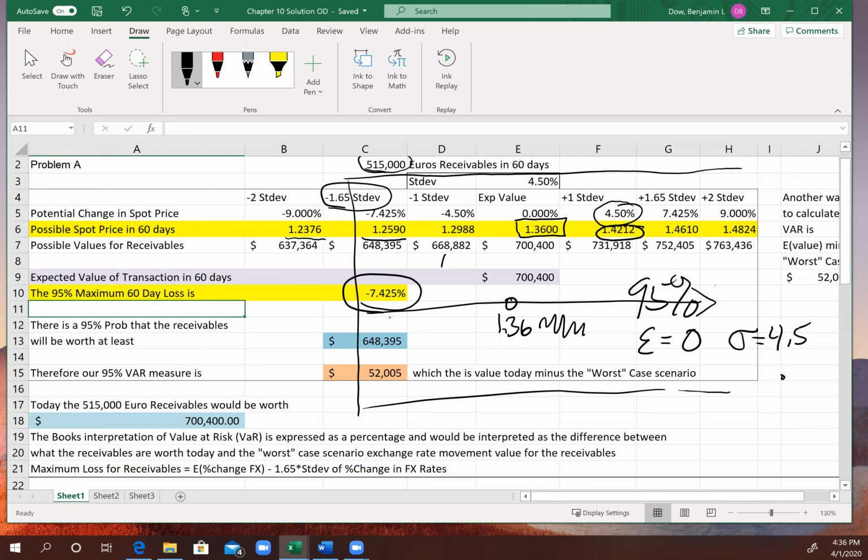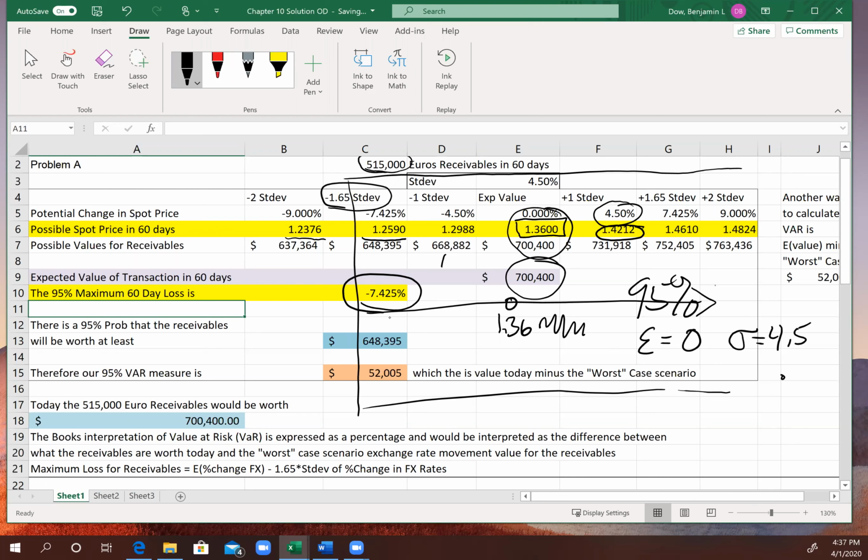So if you talk about a 515,000 euro receivable, those receivables are expected to be worth $1.36 each, so the transaction's expected to be worth 700,400.